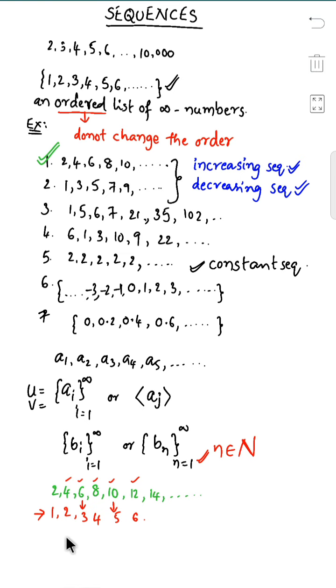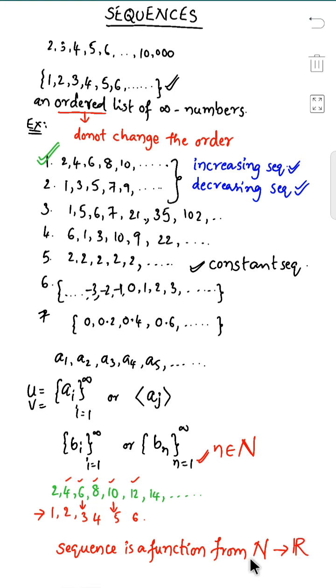We can define the sequence something like this: a sequence is a function from the natural number set to, generally, the real number set.